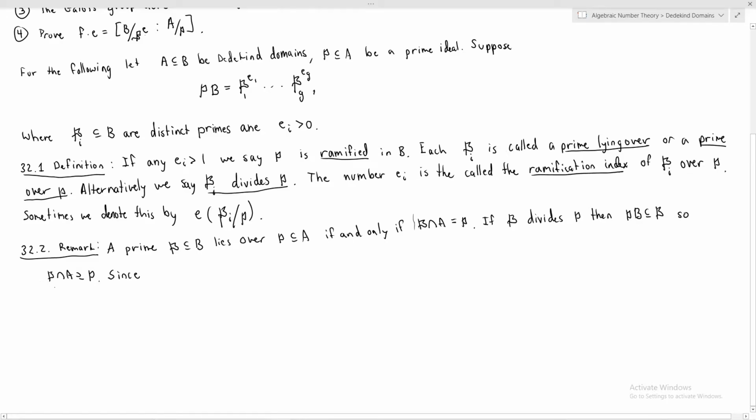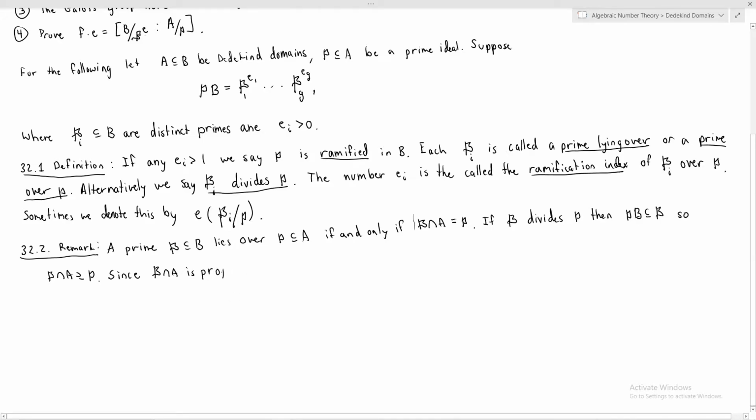Since basically this is going to be a proper prime ideal, and you can check this just from the definition. It's going to be proper because it doesn't contain 1. But since this thing is prime, actually I don't even need that.